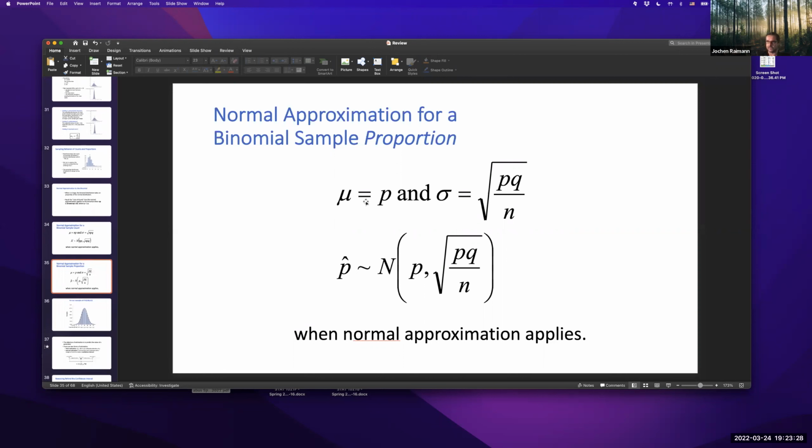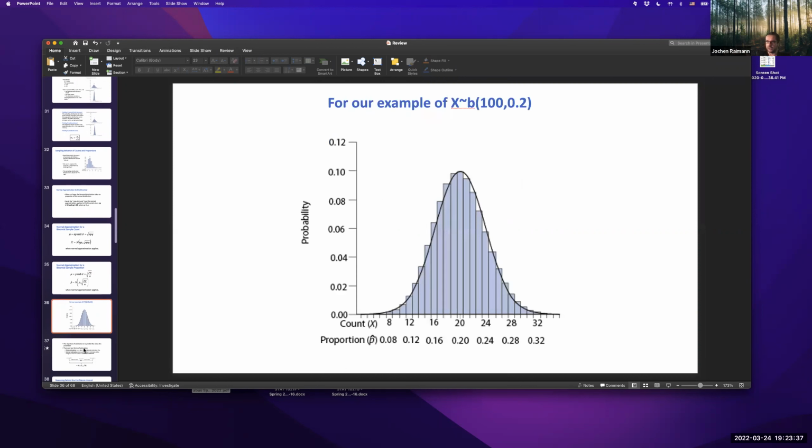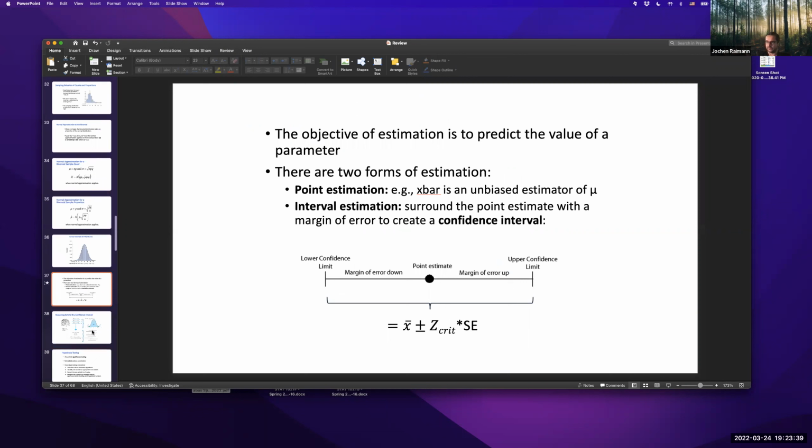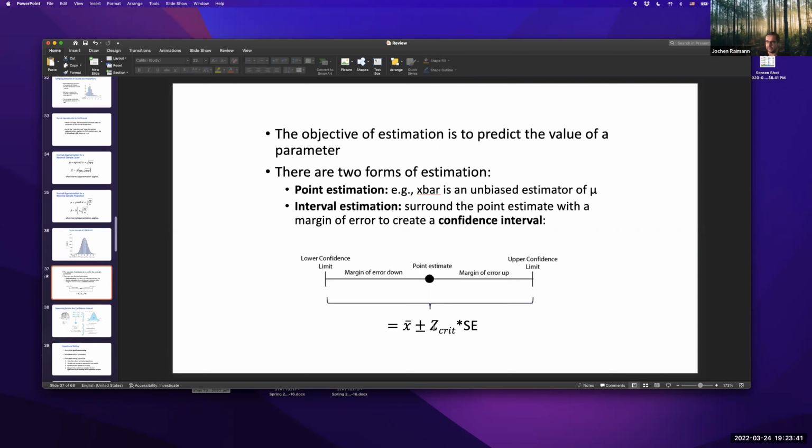So here you're using the normal approximation, you're using the z statistic essentially to do hypothesis testing with proportions. Make sure that you have reviewed that, because that will allow you to also calculate 95% confidence intervals, not only for your continuous data, but also for the proportional data, for the binomial data.